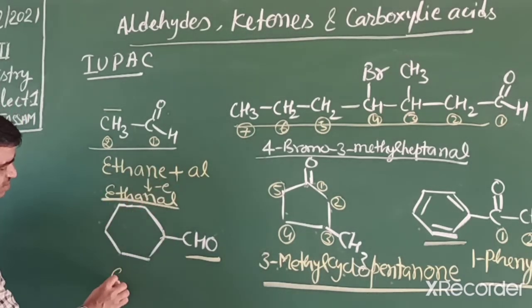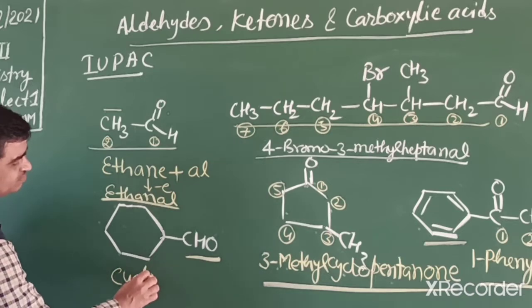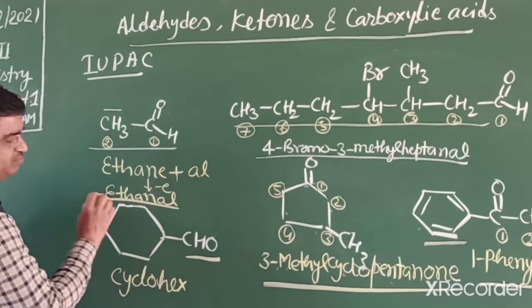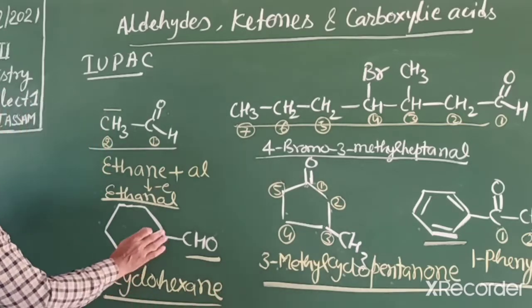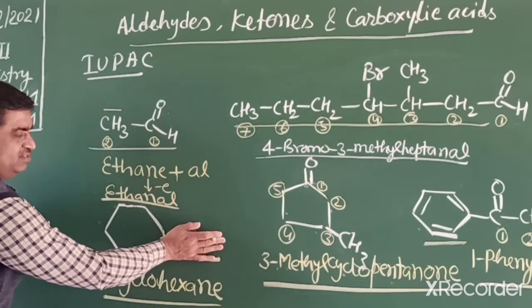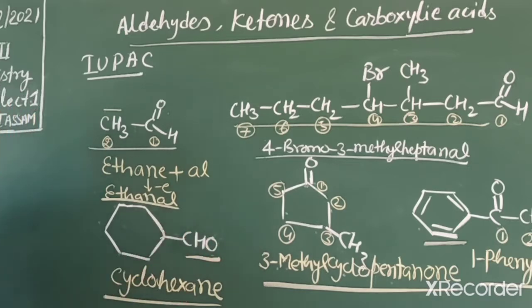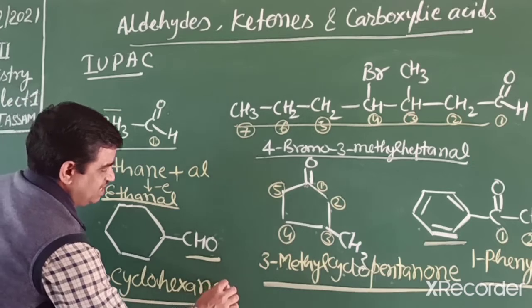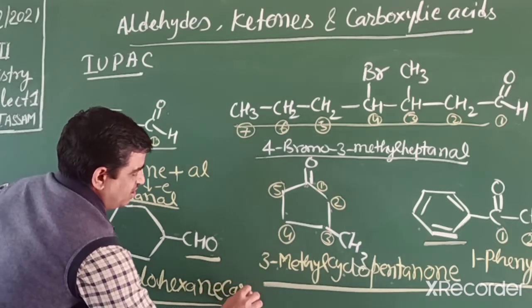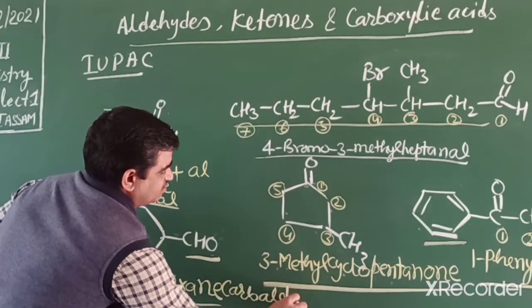So this one is cyclo, hex, single bond, ane: cyclohexane, if this CHO aldehyde group is not attached. But it is attached, so it is written cyclohexanecarbaldehyde.